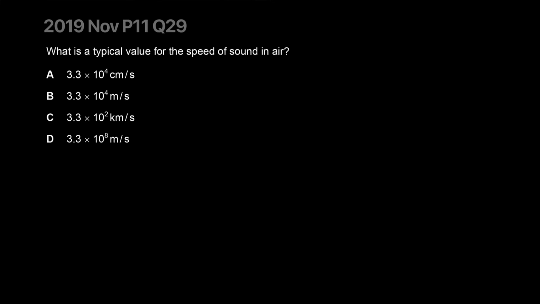What is a typical value for the speed of sound in air? My memory tells me that it's 330 meters per second. How much is that in centimeters? I know for a fact that 1 meter is equal to 100 centimeters.